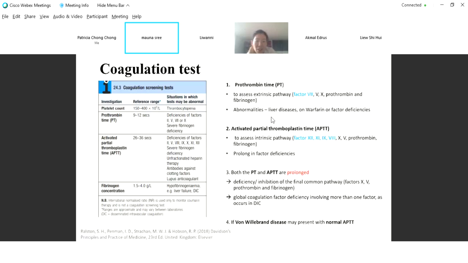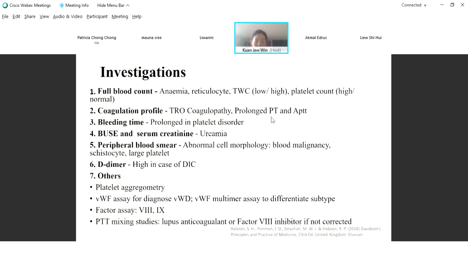The mixing study can be done for PTT and PT. So probably it's better that you put coagulation profile and mixing test together instead of putting the mixing test under others.